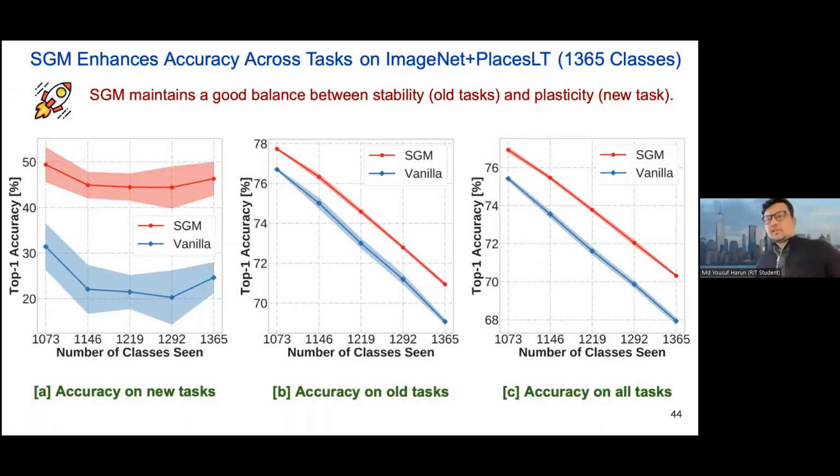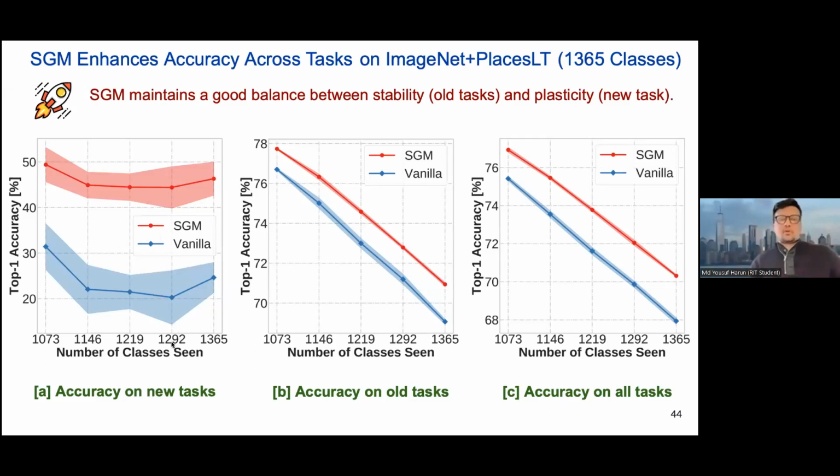We also try to see what happens across classes, like what happens to the new task, old task, and all seen tasks. We call this method SGM, and we compare with vanilla. Vanilla means it's just a regular continual learner that does not have these mitigation properties.